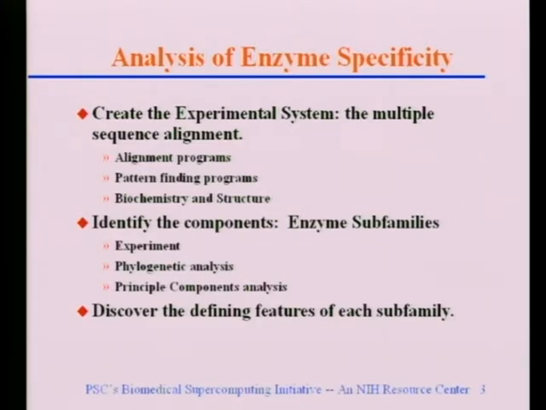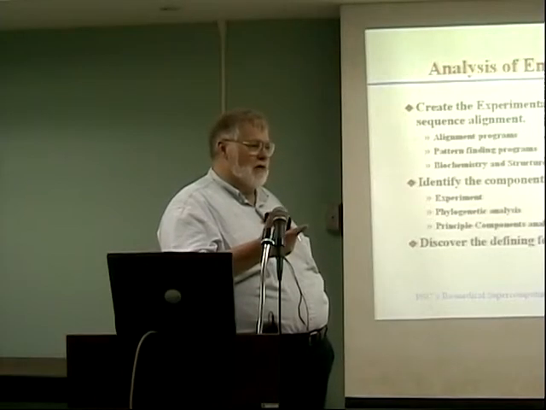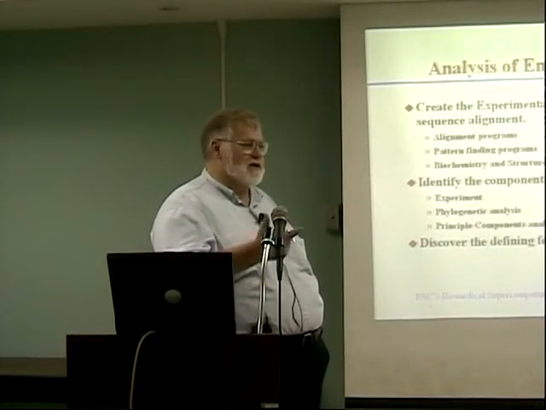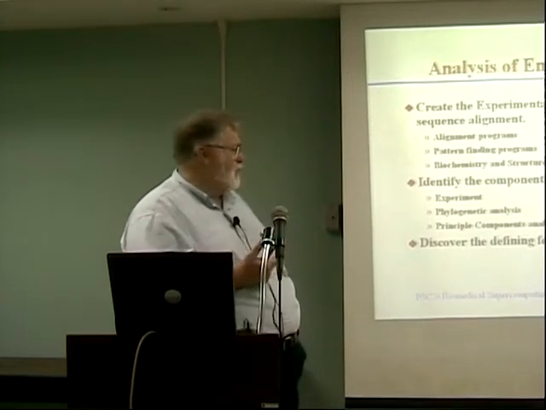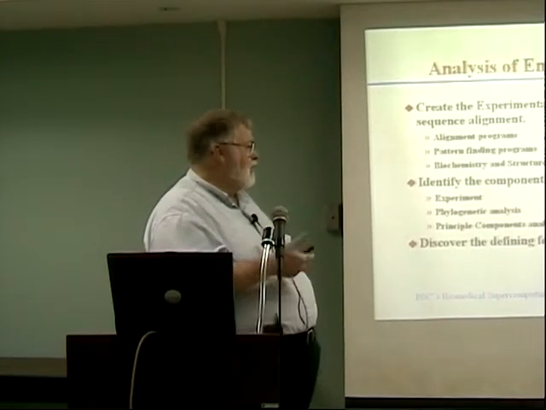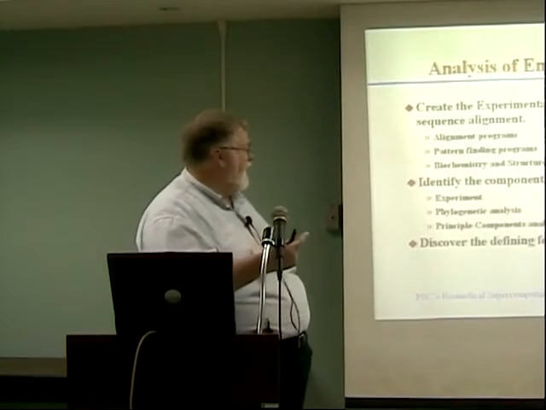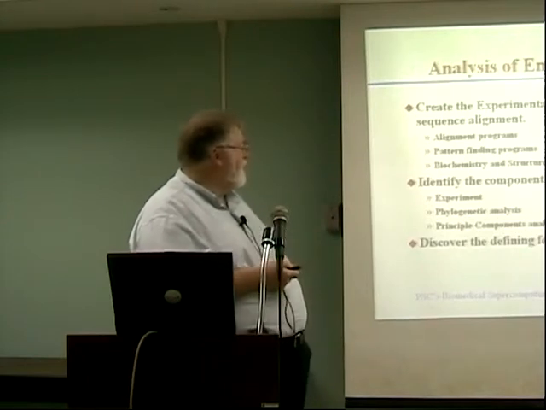And once we have the experimental system, we need to identify and make sure we understand its components. And by its components, I mean the groups of sequences that constitute an enzyme subfamily. The classical examples of these are maybe different hemoglobins, the alpha and beta hemoglobins that form the dimer in an active hemoglobin molecule, or a myoglobin that forms a monomer rather than the tetramer.